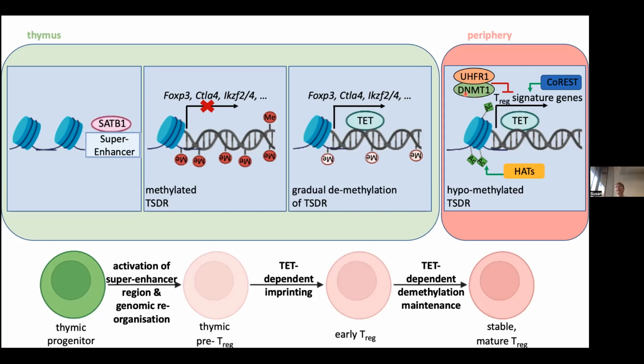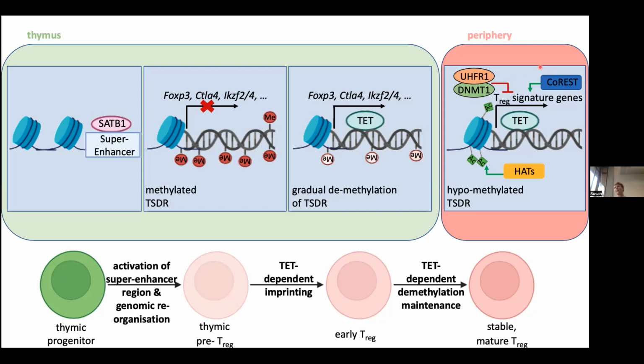So if DNMT1 is too little expressed in Treg, then the pro-inflammatory genes will start to be expressed, and that's detrimental. If it's too highly expressed, then it will also start to act on the Treg signature genes, and that is also detrimental. So DNMT1 is important, but also needs to be very carefully regulated.